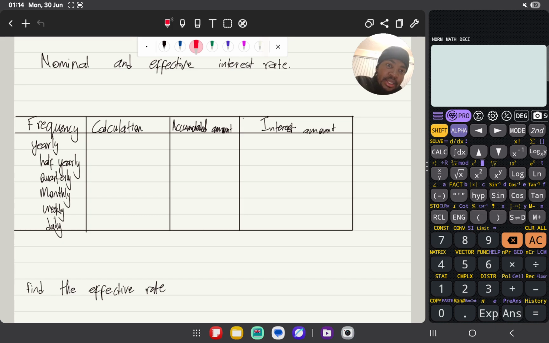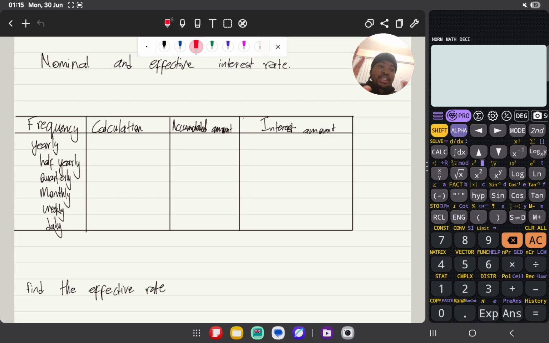Then when we go to the simple interest, we find the interest rate that gives you exactly the same accumulated amount you got with the compound interest, if you invested the same value, which is 1,000.